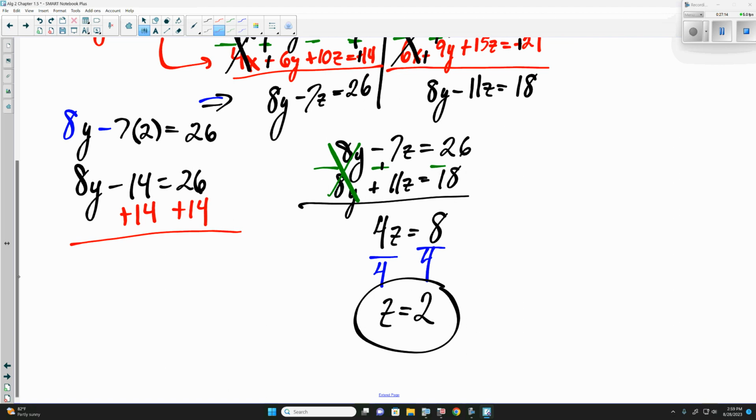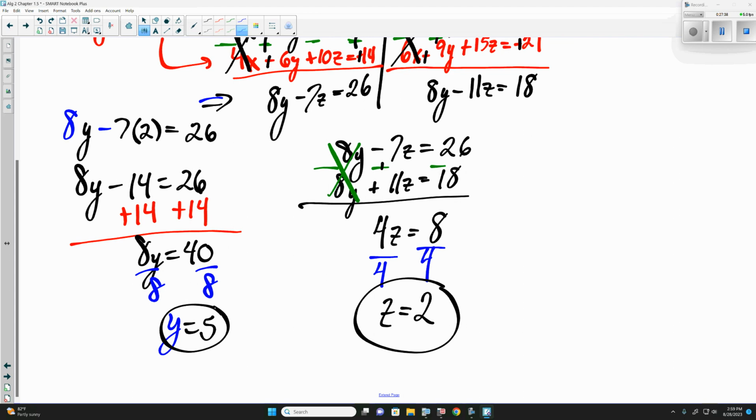Since the 14 is negative, we would add. Telling us 8y is 40, then it would be 5. We would divide both sides by 8. Telling us y is 5.